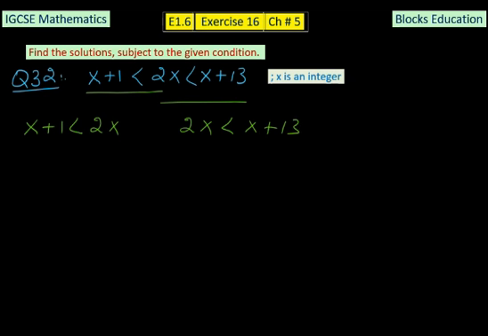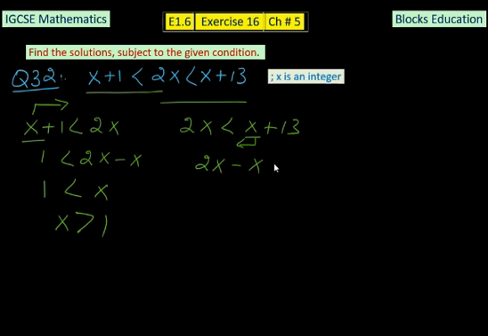Of course we want x to be positive, so better move this plus x onto the right side. So you have 1 less than 2x minus x, and 2x minus x is x, or we can write simply x greater than 1. And here we'll move x onto the left side, so it will be 2x minus x less than 13. 2x minus x is x, so x is less than 13.